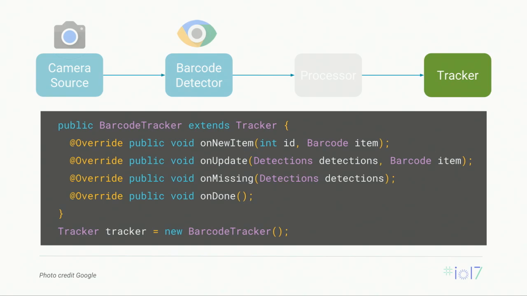Next, you want to instantiate a tracker. So remember we say tracker is what you want to put your business logic at. It's an event-based listener, and these are the few methods you can override. So a new item is called when a detected barcode is seen the first time for the pipeline.